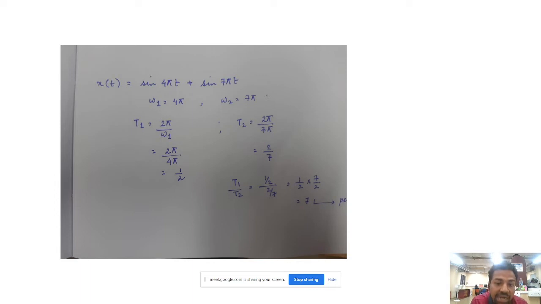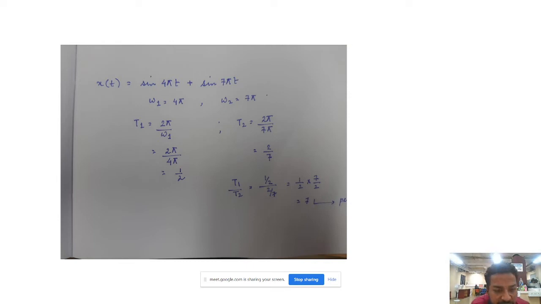So let us consider another problem. Here x of t is equal to sine of 4 pi t plus sine of 7 pi t. Similarly, if we compare with the basic equation of sine of omega t, we have omega 1 is equal to 4 pi and omega 2 is equal to 7 pi.